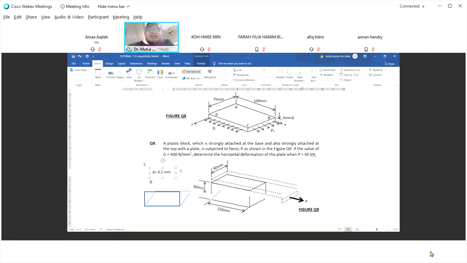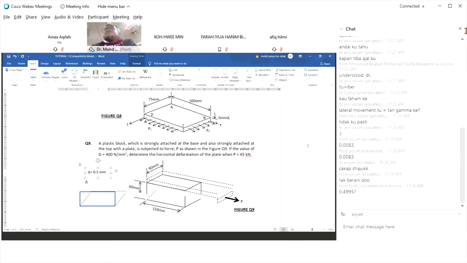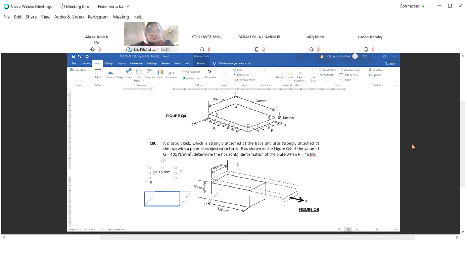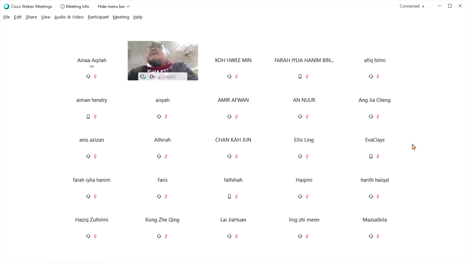This answer by Farah Ilya Hanim. Aisyah, 0.0083 ni apa? Salah kira, Doktor. Okay. Jawapan betul berapa?